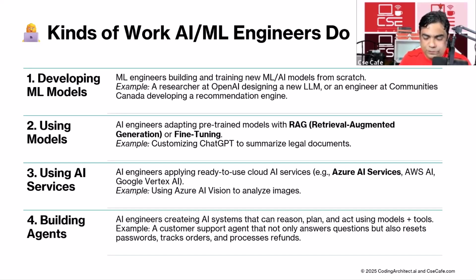So that is one way of using it. Another way is adapting that model to your business use case. You can take a pre-trained model and provide it with additional training data. That is fine tuning.